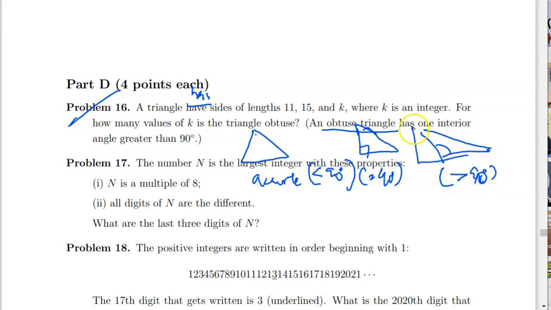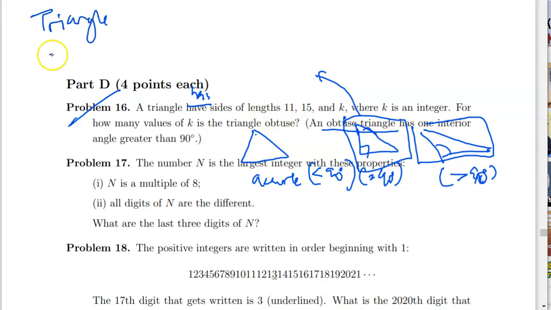Yeah, so we need to find these kinds. But this one will actually give us a good view of what kinds of triangles will be there. So we should build up from here first, okay? And remember the triangle inequality, where a plus b is larger than c.